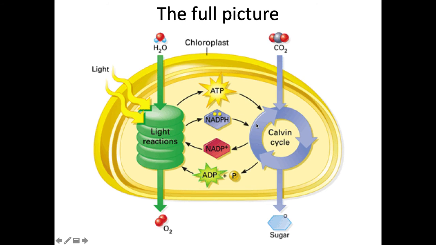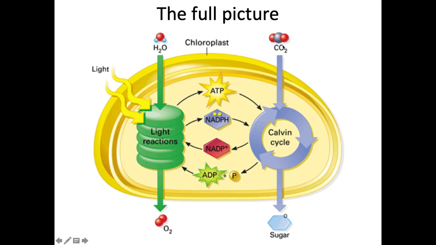So we're sending over energy and electrons to our Calvin cycle, which occurs out in the stroma. During the Calvin cycle, carbon dioxide is what's called fixed, and it is turned into glucose using the electrons from NADPH and the energy from ATP. The Calvin cycle has to run 6 times, once per carbon dioxide molecule, because each carbon dioxide only has 1 carbon.